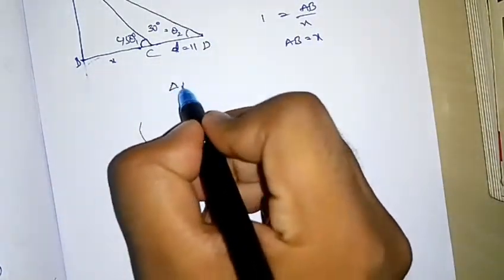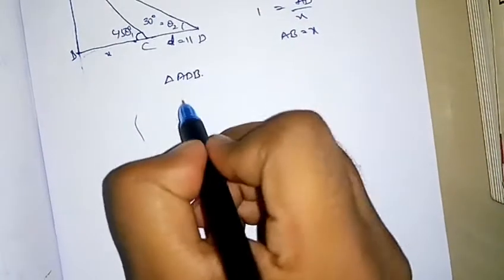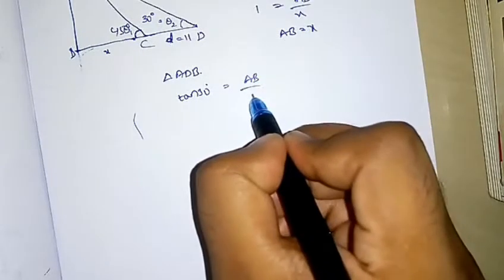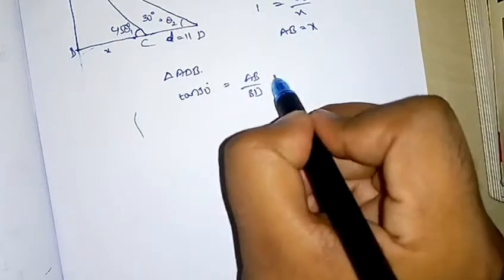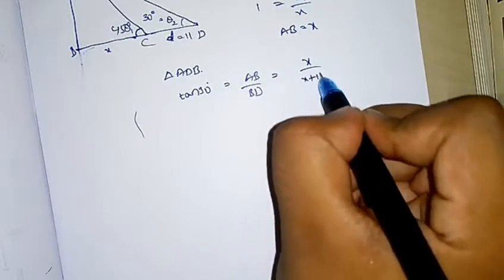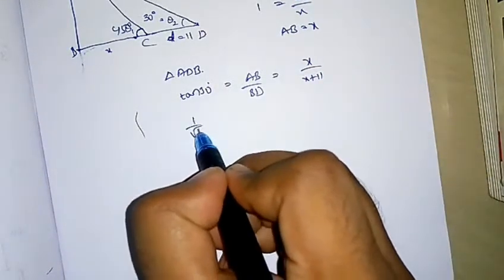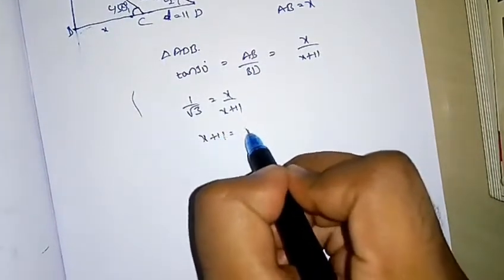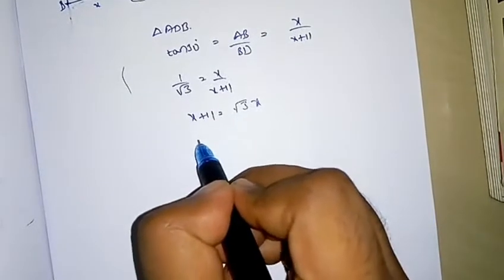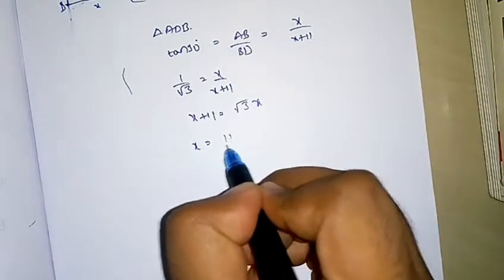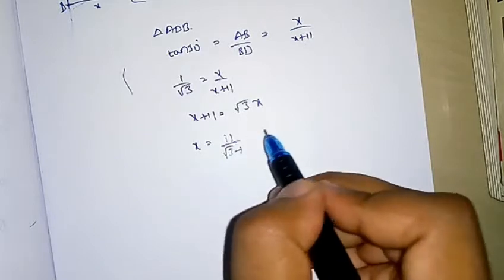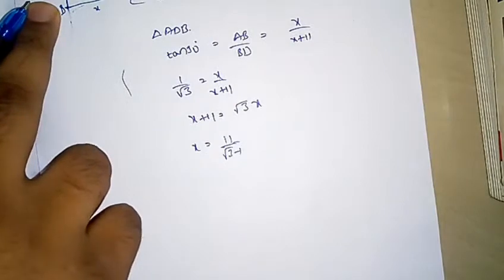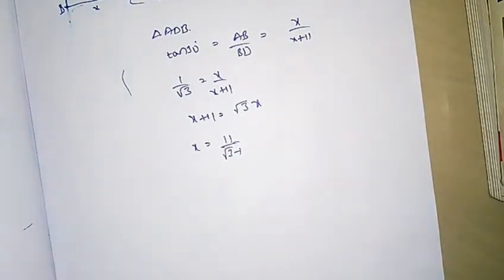And in triangle ADB, tan 30 degrees is equal to opposite side AB by adjacent side BD, which is x by x plus 11. So tan 30 is 1 by root 3, which is equal to x by x plus 11. So x plus 11 is equal to root 3 x. x is equal to 11 by root 3 minus 1. We are asked to find the height of the palm tree. So height is 11 by root 3 minus 1.